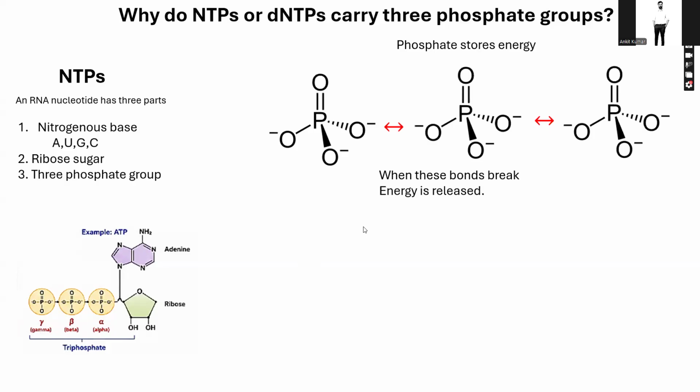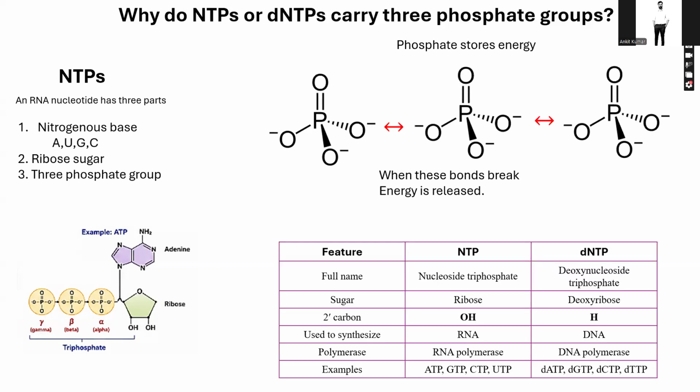So when this bond breaks, a huge amount of energy will be released because there is a huge repulsion between these phosphate groups. And this energy is used for adding the incoming nucleotide to the subsequent sequence of the DNA molecule. That reaction requires energy, and that energy comes from the breaking down of these phosphate group molecules.